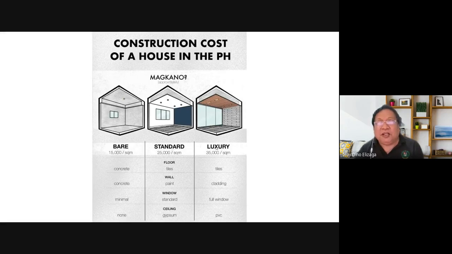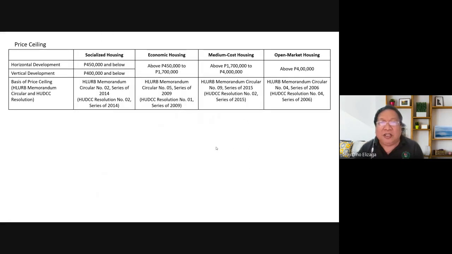So therefore, in your plate, and by the way, going back here, I don't know whether your instructor in design already discussed this with you, but in my briefing, I mentioned in the background that the developer is planning to put up an open market housing subdivision, which is about 4 million.